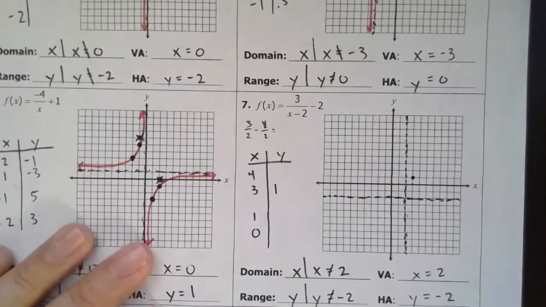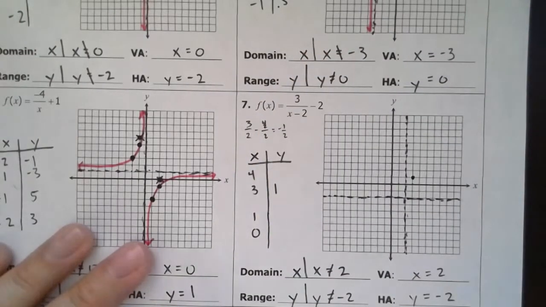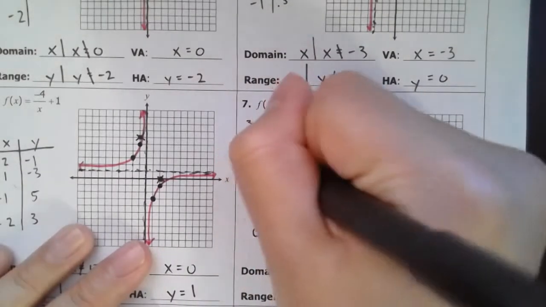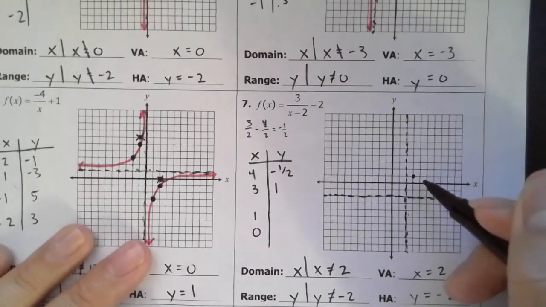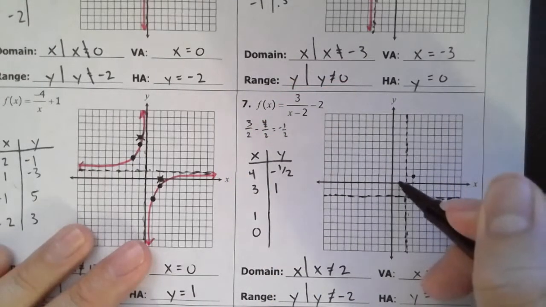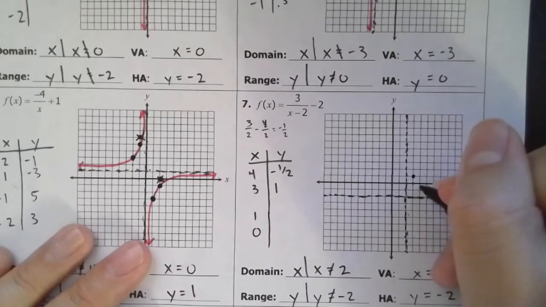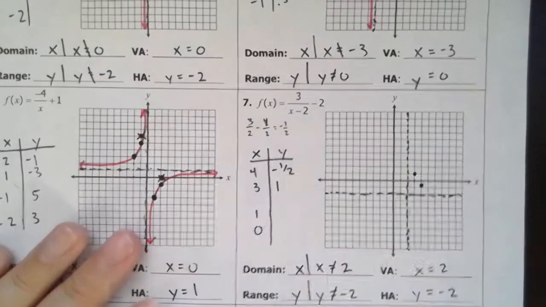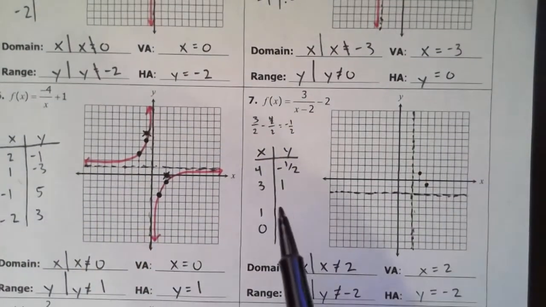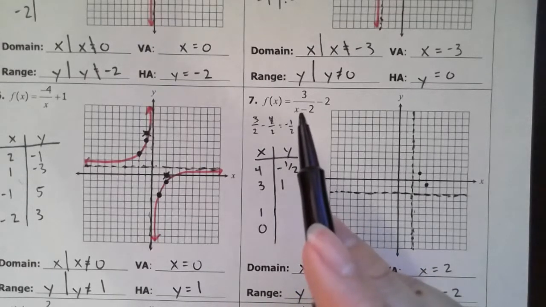And then that gives me -1/2. So then this one here is -1/2. So at x is equal to 4, so 1, 2, 3, 4, I got -1/2, which should be there.